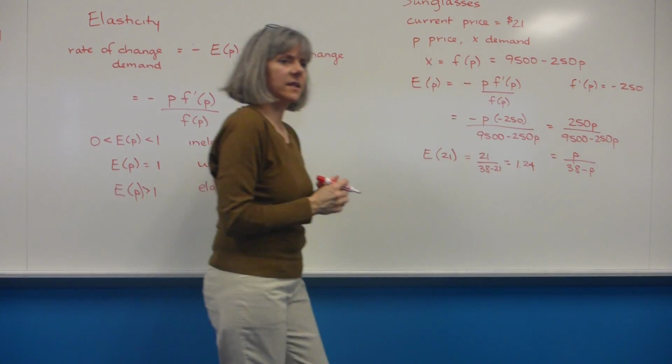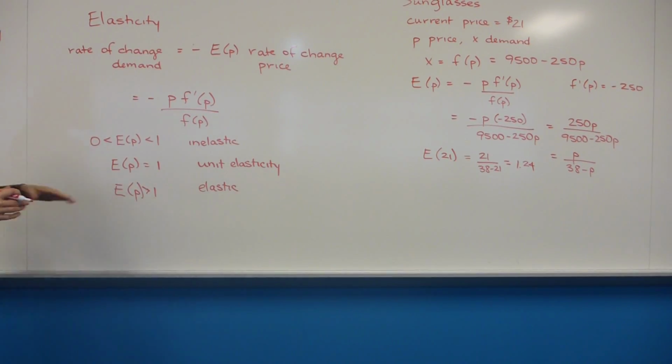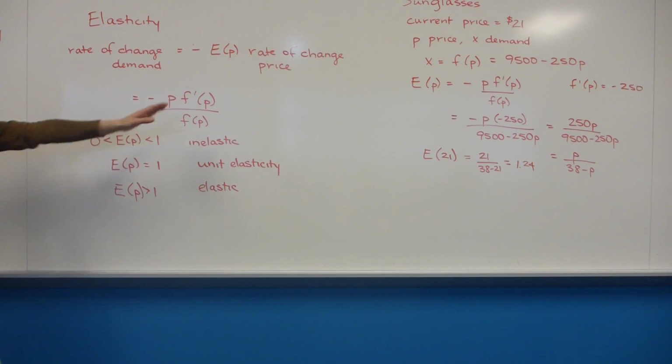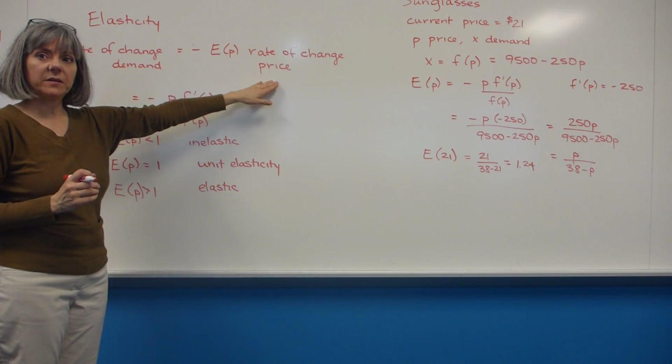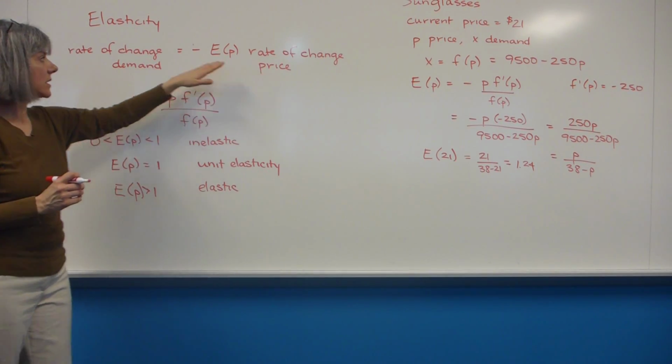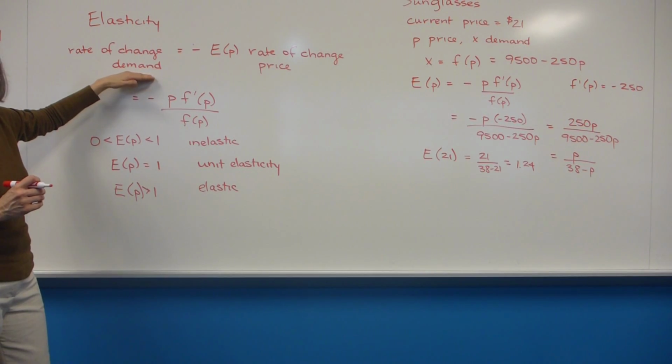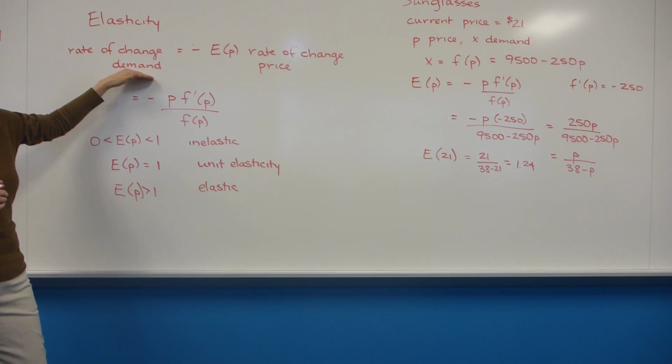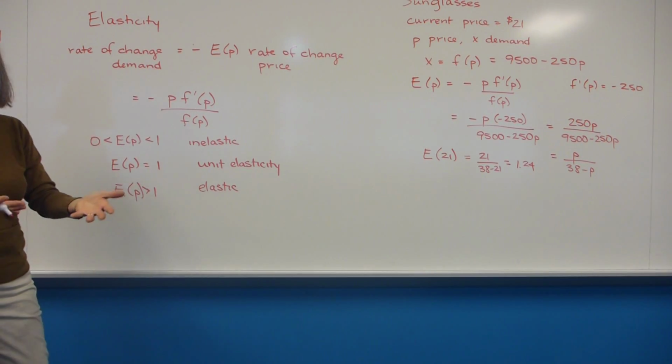All right, so what does that tell me? 1.24. That tells me that I'm elastic. So if my price changes by 10%, then my demand is going to go down by 24%. That makes sense. You raise the price, demand goes down.